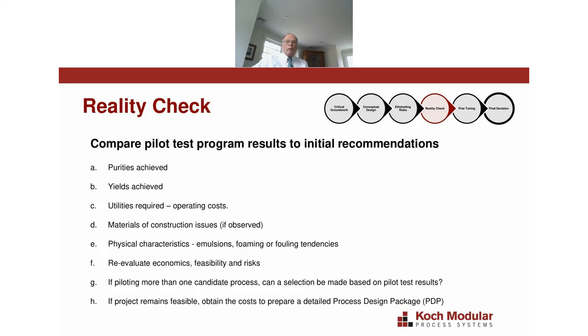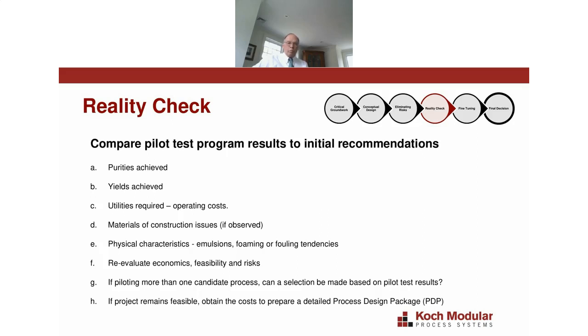And then from there, if the economics look strong, the next step for us is to prepare a formal process design package for that process, which would include a process flow diagram with heat and material balances, P&IDs. We would make lead sheet drawings of any fabricated equipment, columns, decanters, reflux drums.